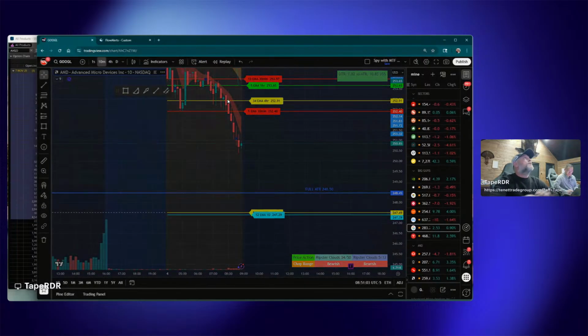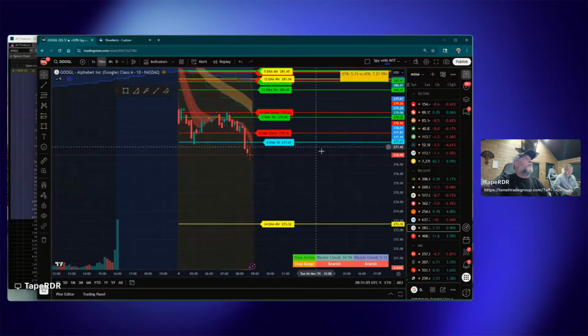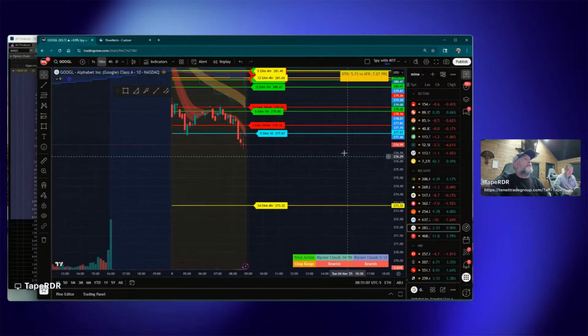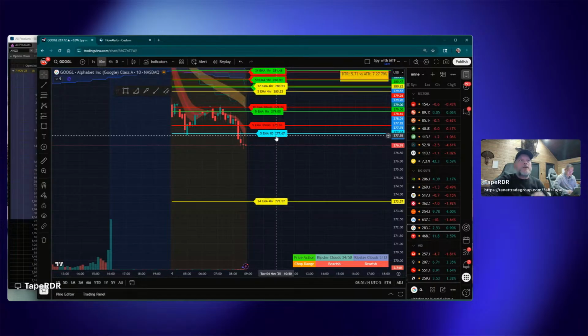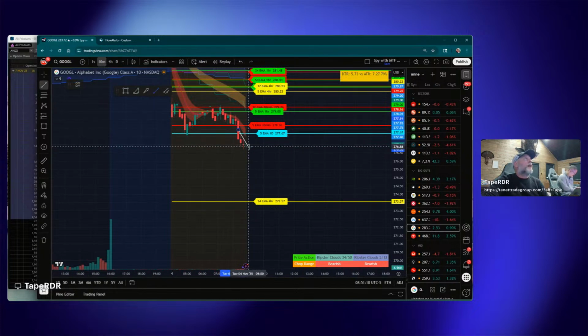Google. Let's take a look at Google. Okay, this is a good setup. We're breaking a daily. Anytime you break a daily, you know the stock is weak. We've even got like a 10-minute little bear flag going on. So we're going to measure this.